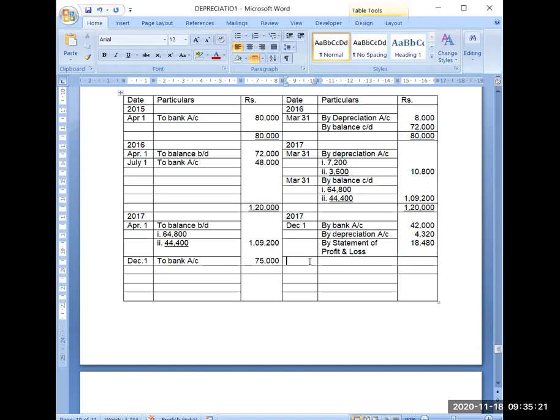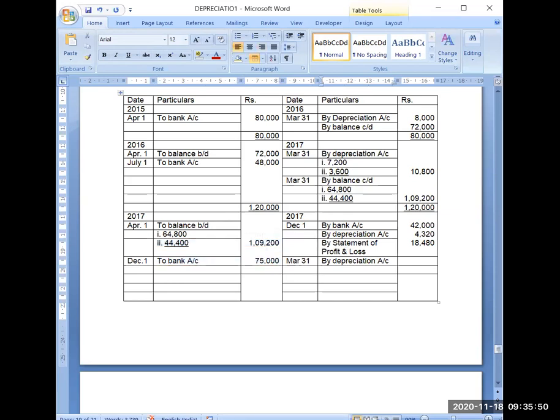So now we will go to March 31st, 2018. By depreciation account. We will charge depreciation on the remaining plant. Out of these three plants, we have sold this one. So we have this one and this one, two plants we have.